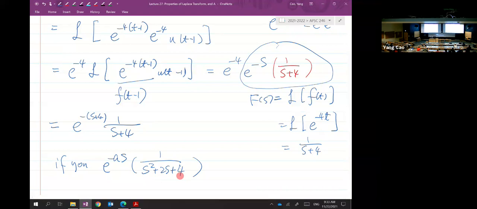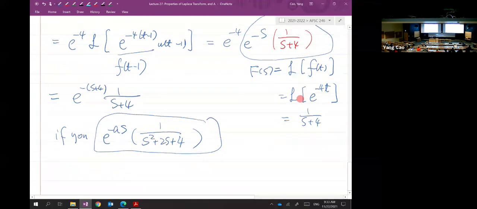Whenever you see an expression like this, what should jump to your head? Because ultimately you can transform this back into a time function.